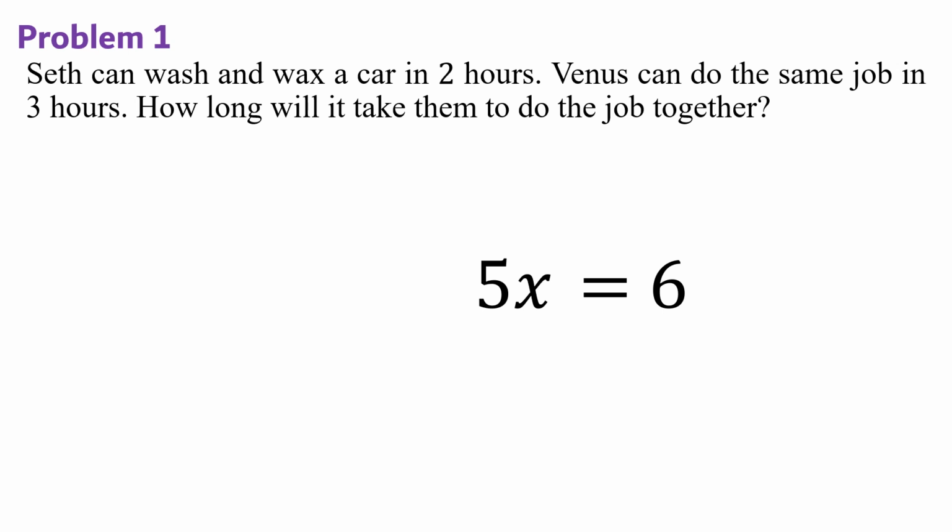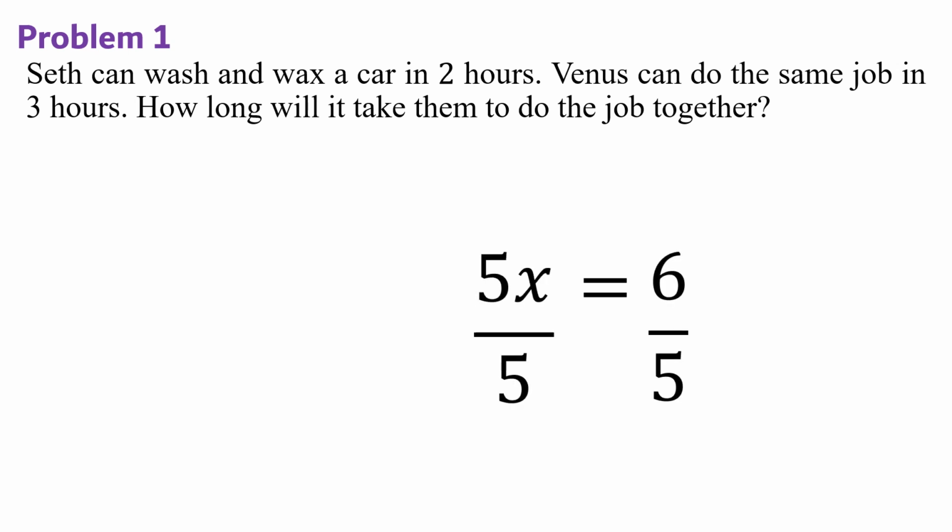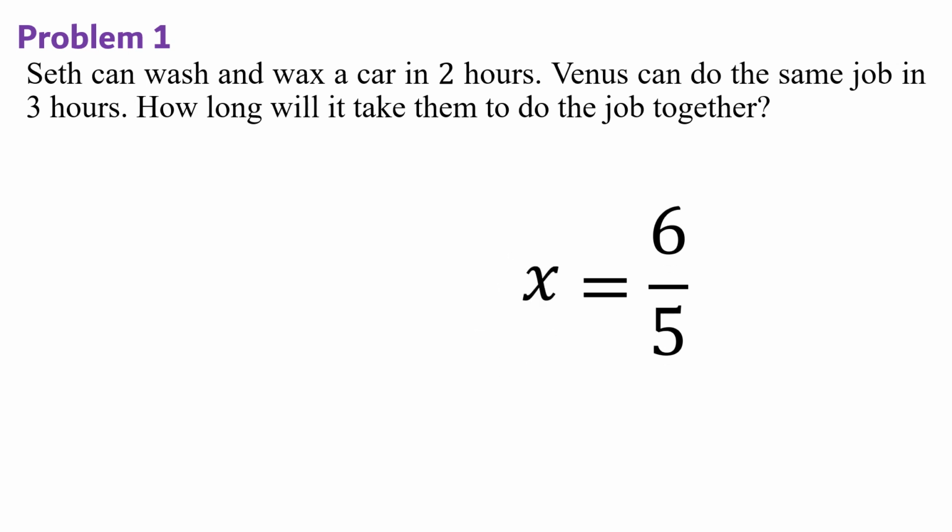To solve for x, we need to divide both sides by 5. We cancel out 5 on the left side, so it's left with x only, and x is equal to 6/5. But if it's an improper fraction, you need to convert it into mixed form.